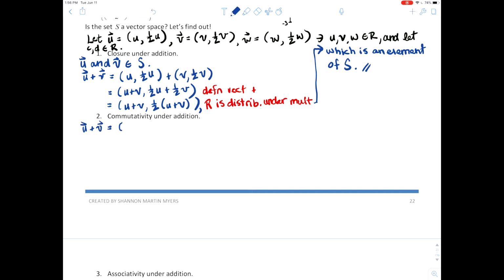Well, in component form, that's u comma 1/2 u plus v comma 1/2 v. Now by definition of vector addition, we have u plus v comma 1/2 u plus 1/2 v. Now this time we don't need to use the distributive property on the 1/2 because that's not where we're going. We're going to split these vectors again. The reason we can do that one is because of definition of vector addition.